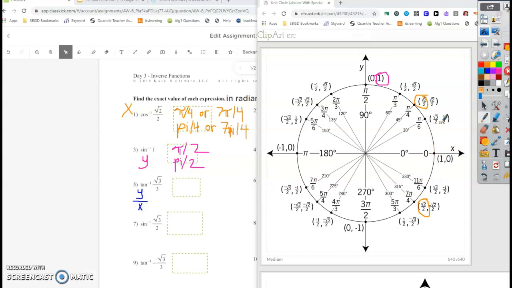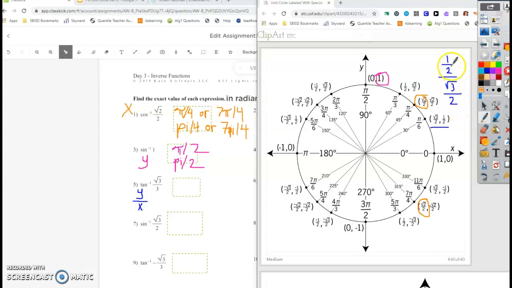So if I look over here at this first option, the y-coordinate is 1/2 and the x-coordinate is square root 3 over 2.